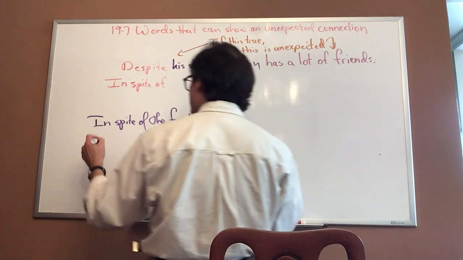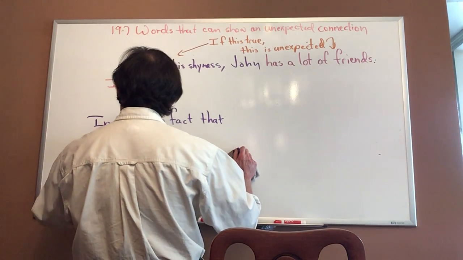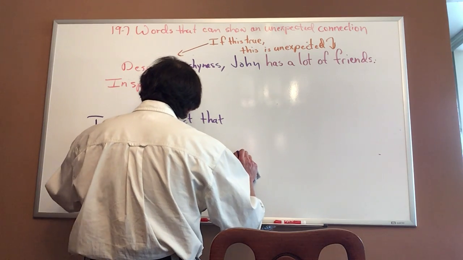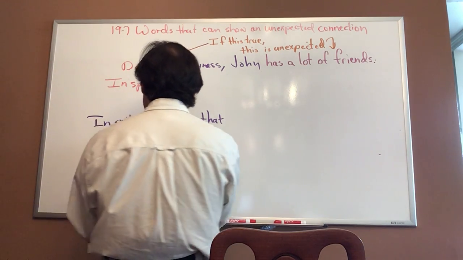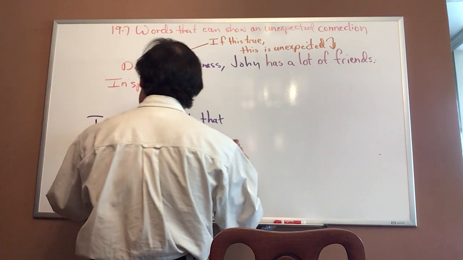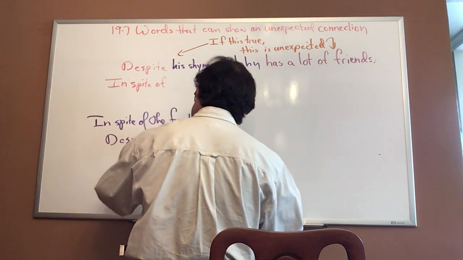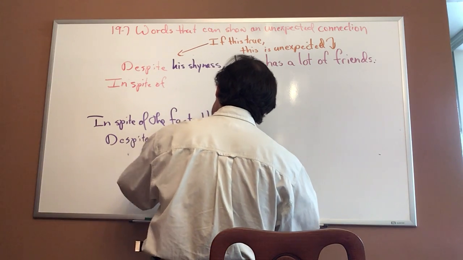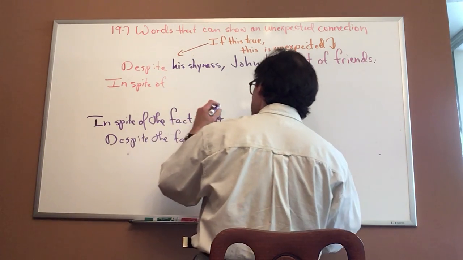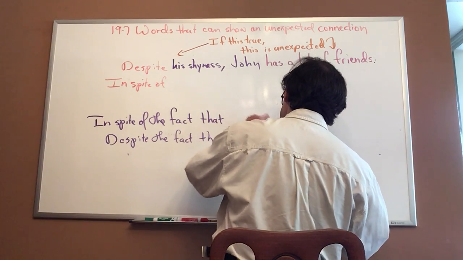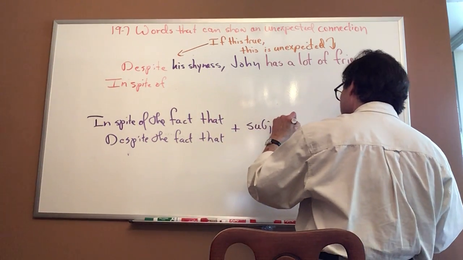Your book says, in spite of the fact that, or despite the fact that. I'm having trouble writing today. So your book says you can use these plus subject plus verb.